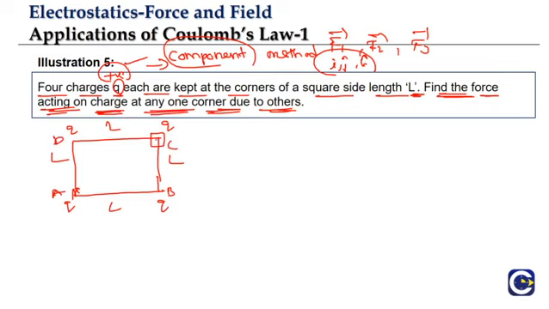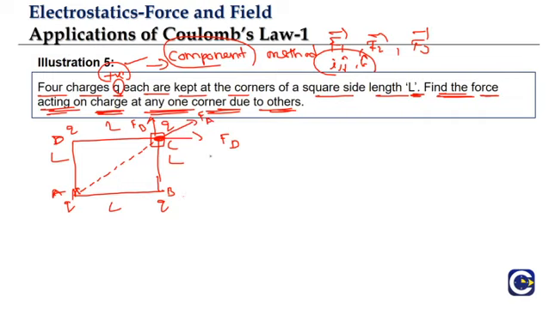So we need to find the force acting on the charge at corner C. We can see that the charge at corner C will be repelled by the charge at corner D. It will be repelled by the charge at corner B, and this is the line joining the two charges. It will also be repelled by the charge at corner A. So we have 3 forces.